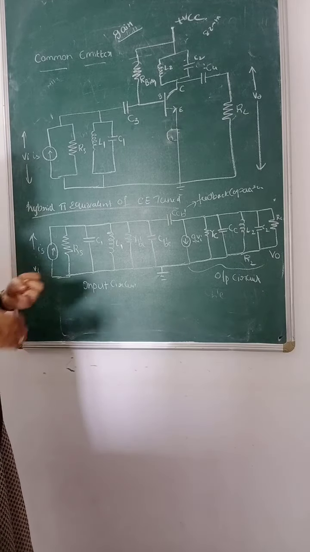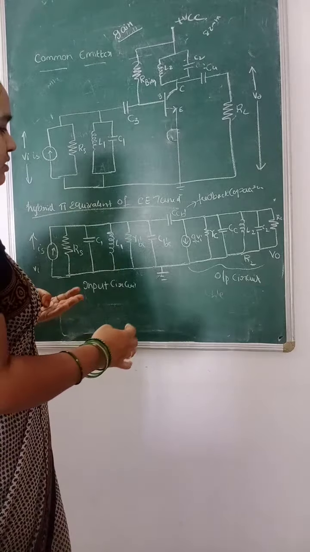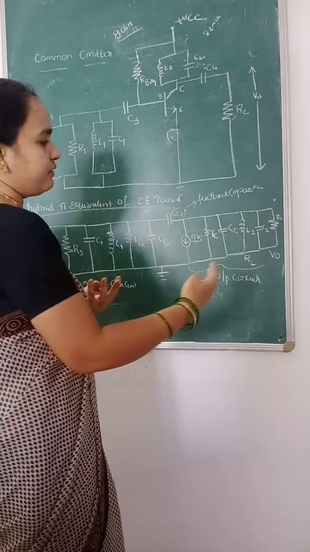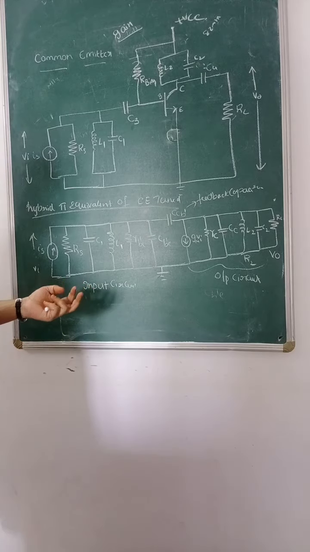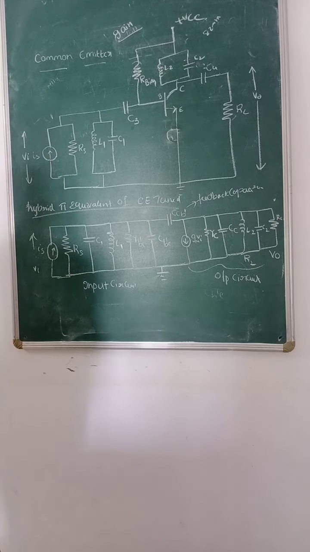So if we want to calculate the gain, there are several LC components in this circuit. So we should simplify this circuit according to node analysis. So what does node analysis mean?